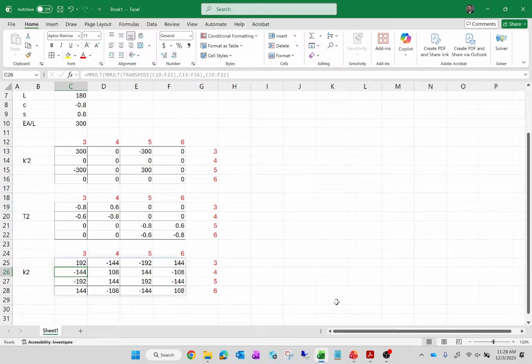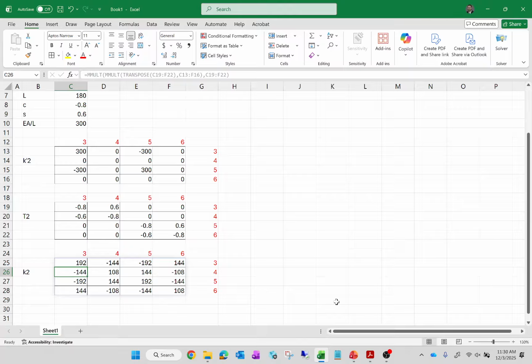Check number one: if you add up each individual column or each individual row, the value is 0. This plus this plus this plus this is 0. Row-wise, that plus that plus that plus that is 0, and so on.